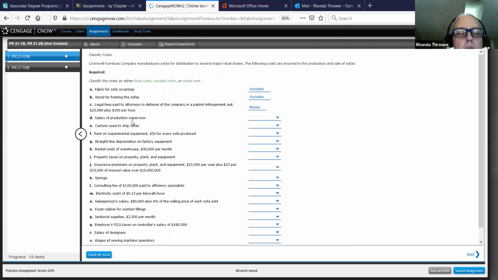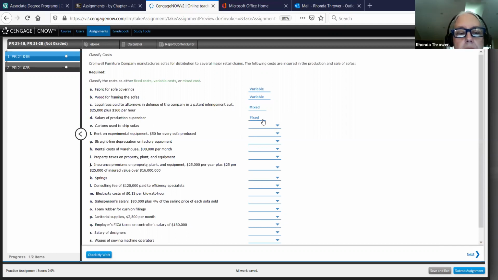The salary of a production supervisor would be an example of a fixed cost. The total fixed cost will not change with the number of units that you manufacture. So it doesn't matter how many units we manufacture here, we're going to still pay a salary to the production supervisor of whatever that salary amount is.